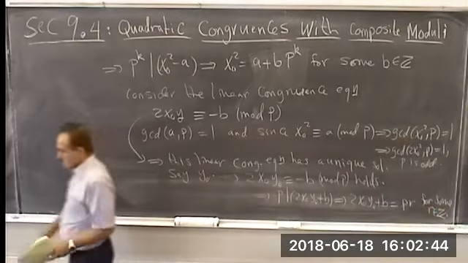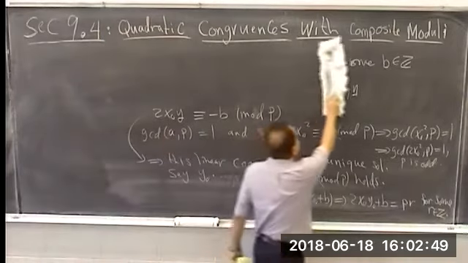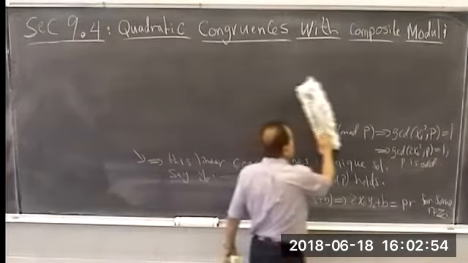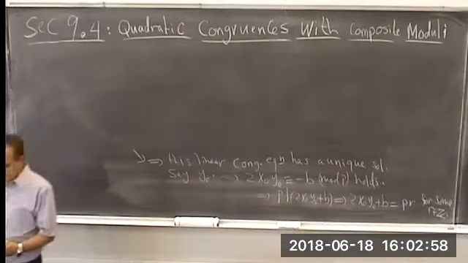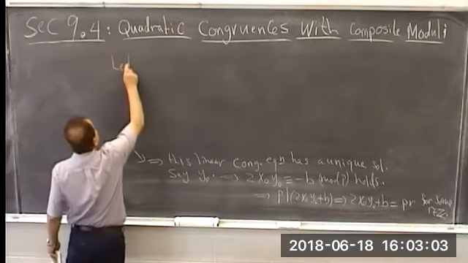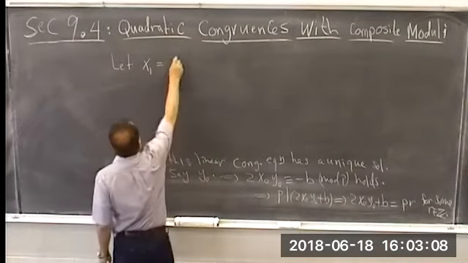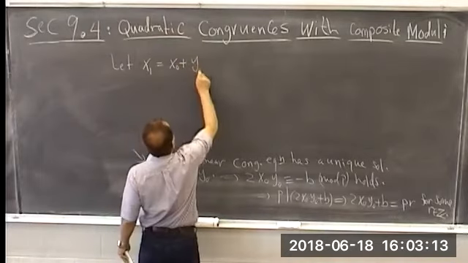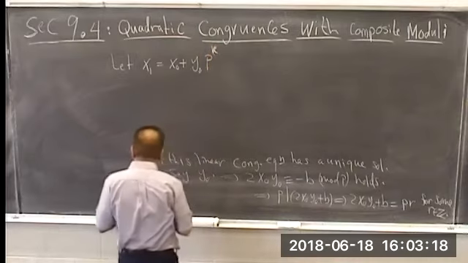All right, we're going to start putting things together. We're going to define a new number x1 to be equal to x sub 0 plus y sub 0 p to the k.